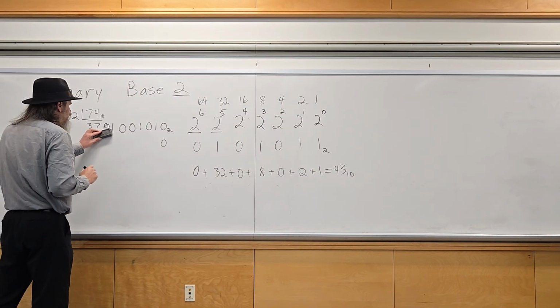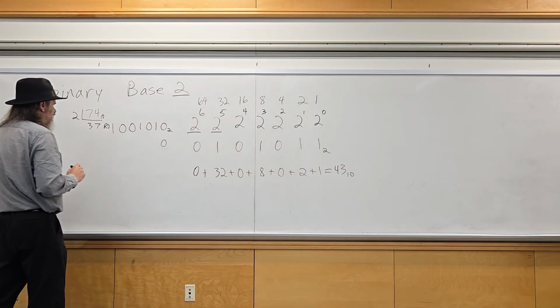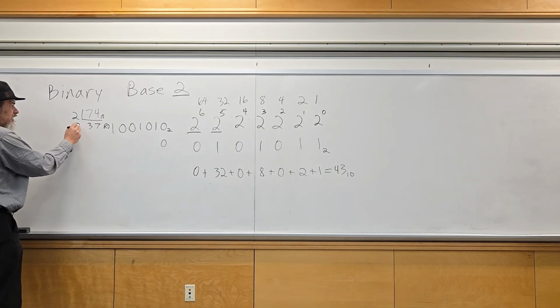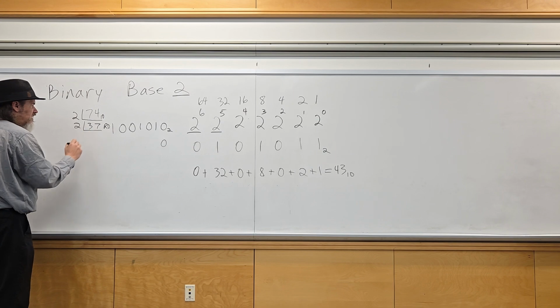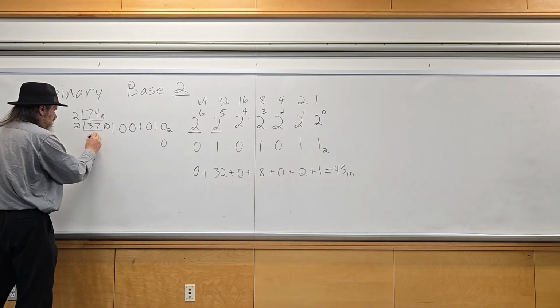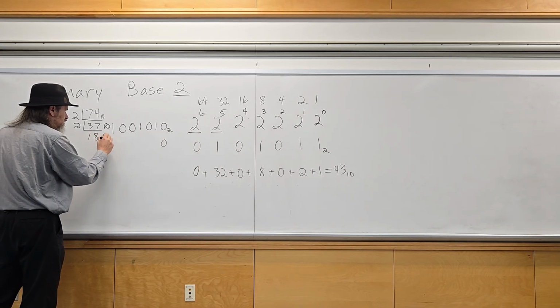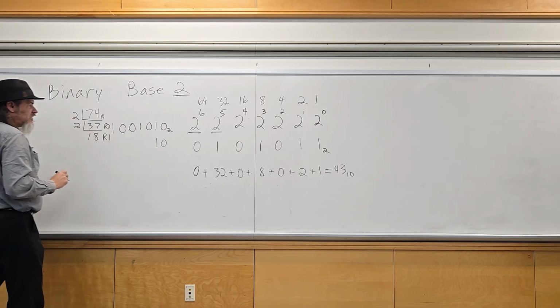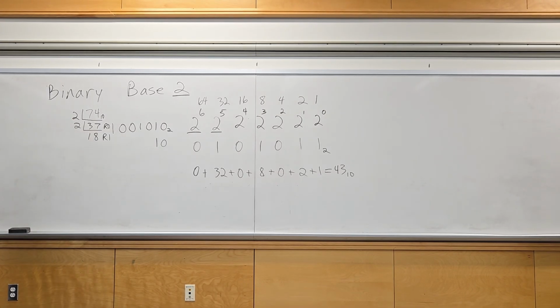Let me remove that to avoid confusion. And then you divide that by 2. And you get, what, 18? 18 with a remainder of 1. And then that 1 goes into the next position.